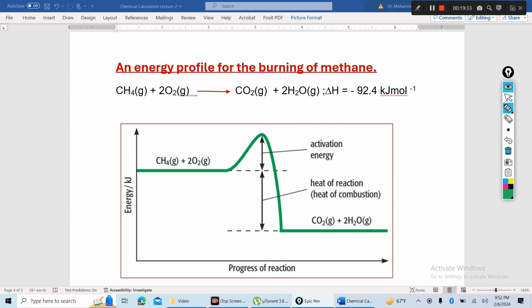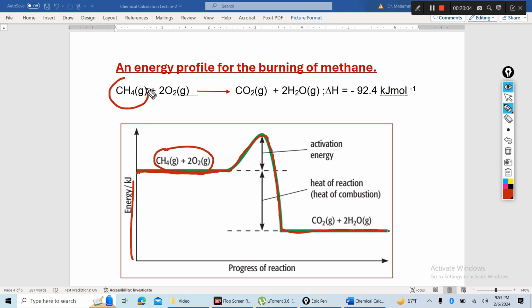Okay, now this diagram: as it is an exothermic reaction, already you know reactant has more energy, from this to this it goes, and then product has less energy. This is the diagram, and on the left hand side you write reactant.